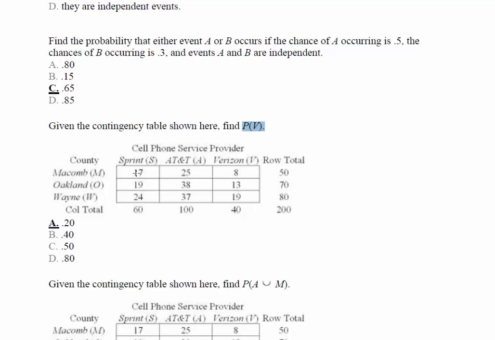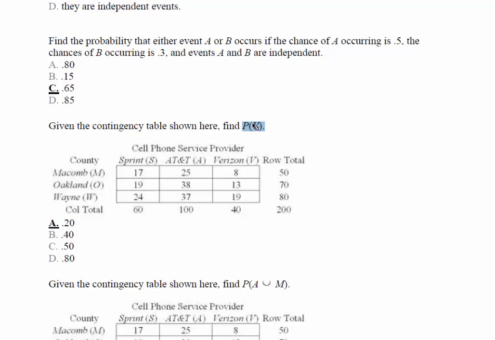For example, there are 17 people from Macomb County using Sprint, 25 using AT&T, and 8 using Verizon, and so on. The total from Macomb County is 50, Oakland 70, Wayne 80 in the sample, and the total people from 3 counties using Sprint is 60, using AT&T is 100, using Verizon is 40. So the grand total is 200 people surveyed.